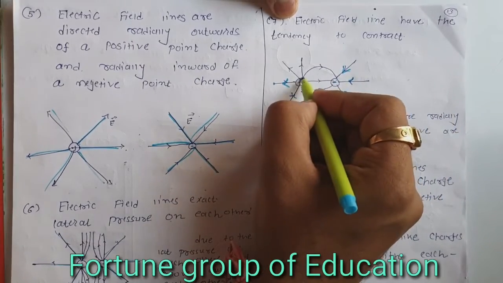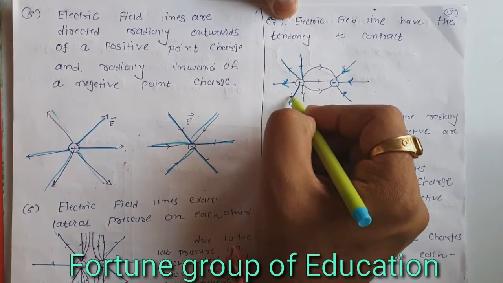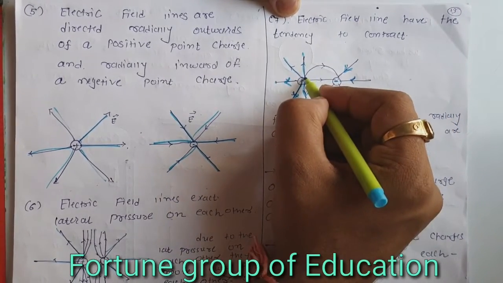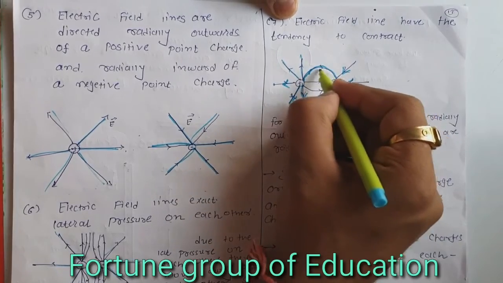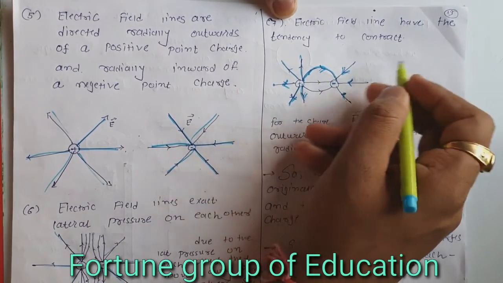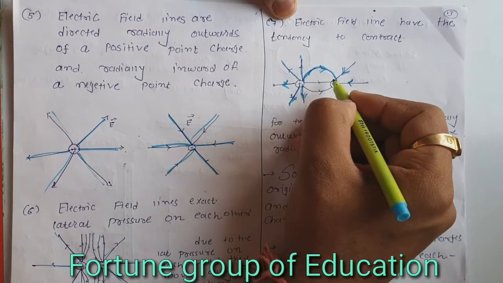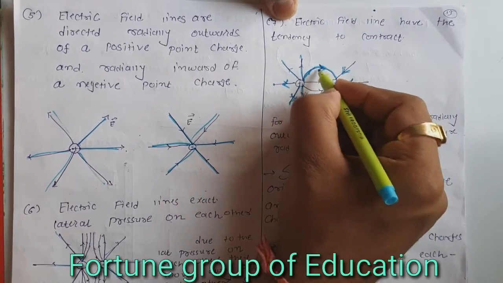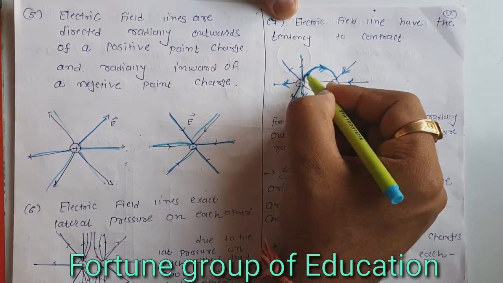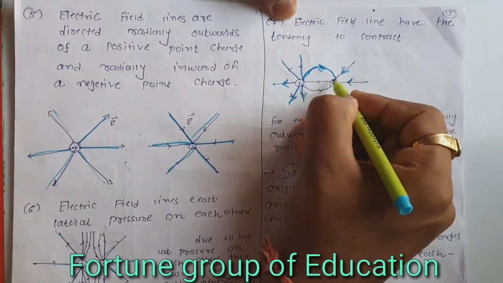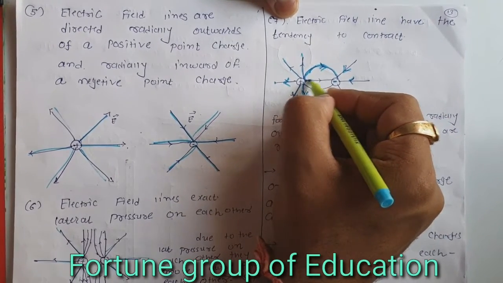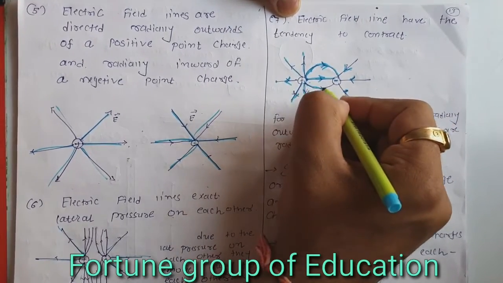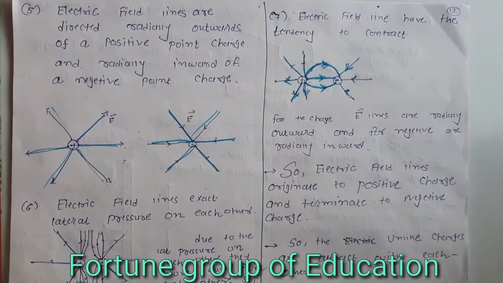Now these are outward electric field lines, and this is the inward electric field. This electric field lines contract with this, because this is outward but the direction for the negative point charge is inward. This positive field contracts toward this negative field.